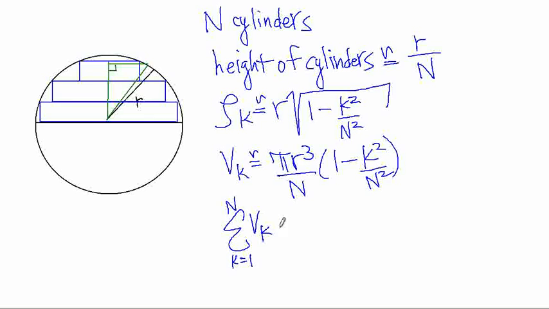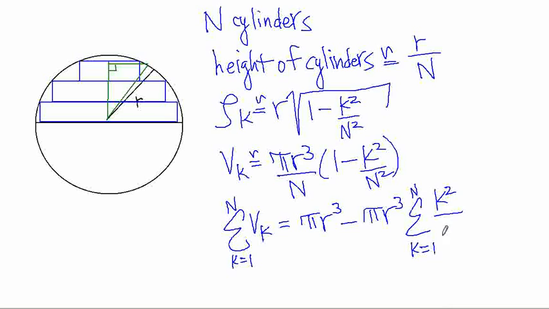Now, I will leave it to you to show that that sum is equal to pi r cubed minus pi r cubed times the sum for k going from 1 to n of k squared over n cubed.